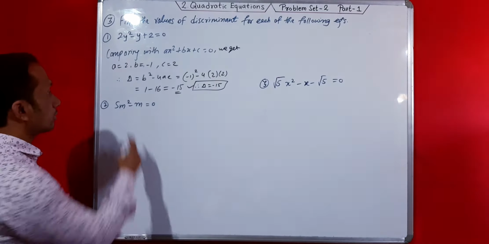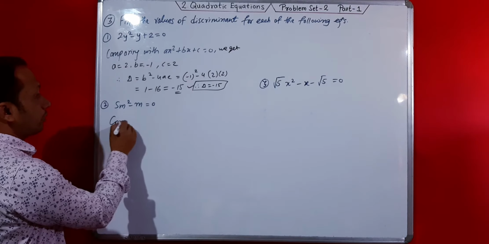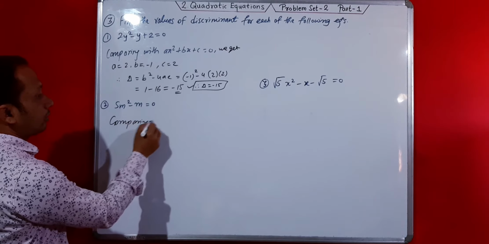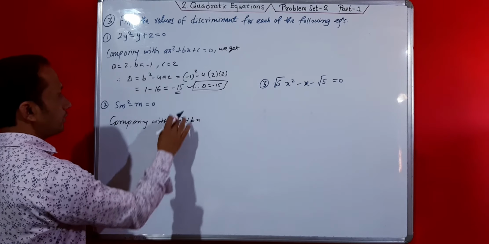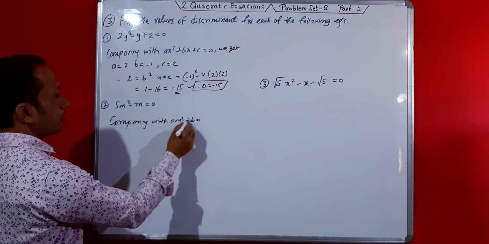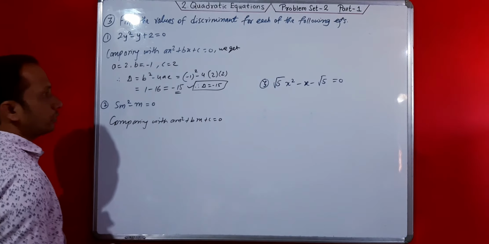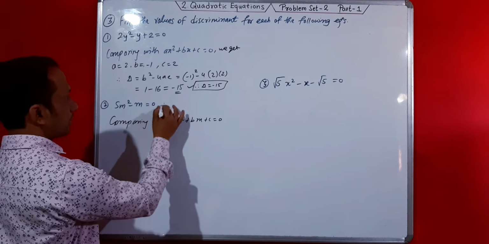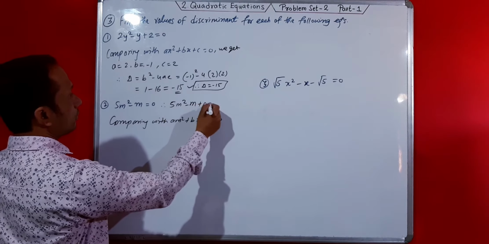Next, 5m square minus m is equal to 0. Comparing with am square plus bm plus c is equal to 0, you can rearrange this equation like this: 5m square minus m plus 0 is equal to 0.